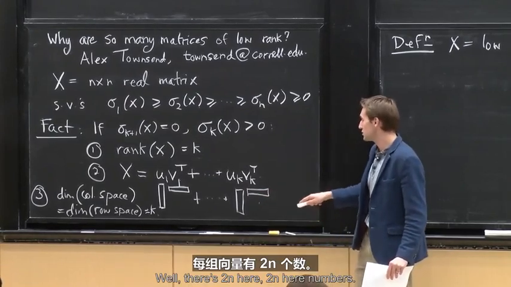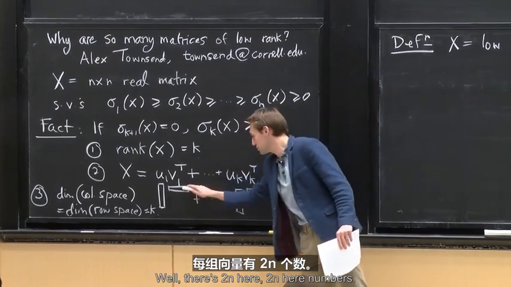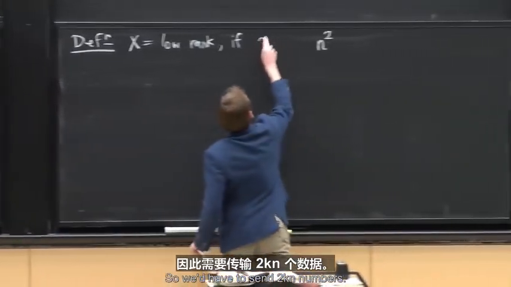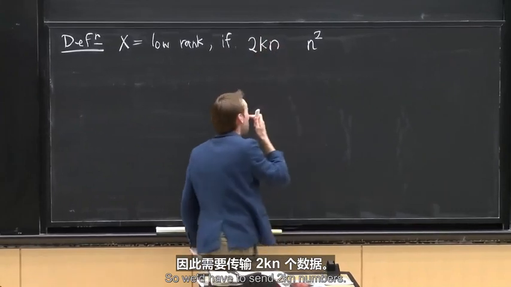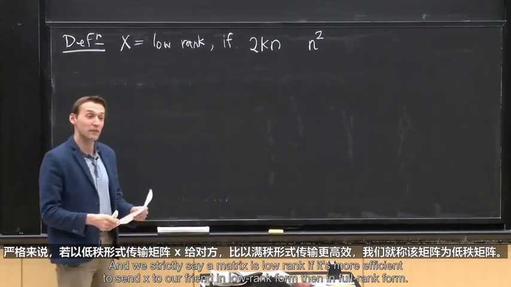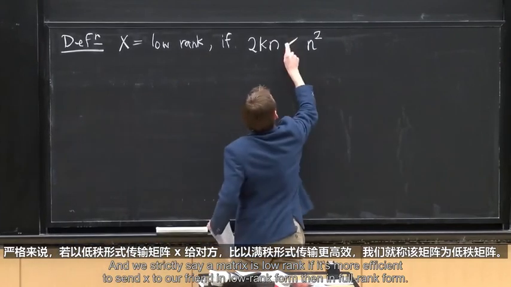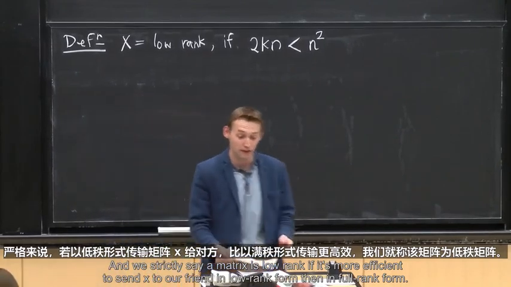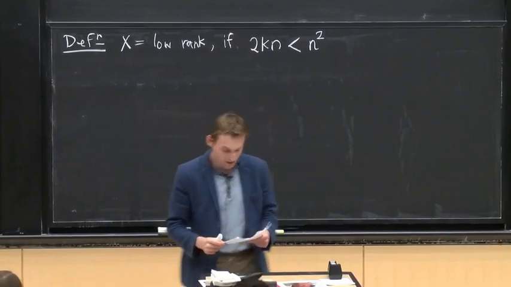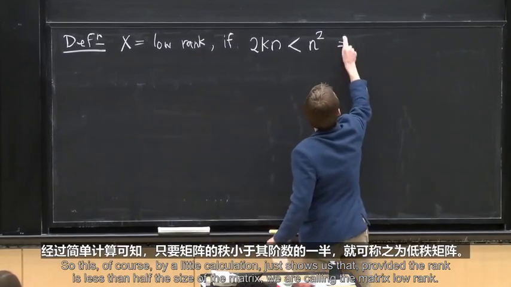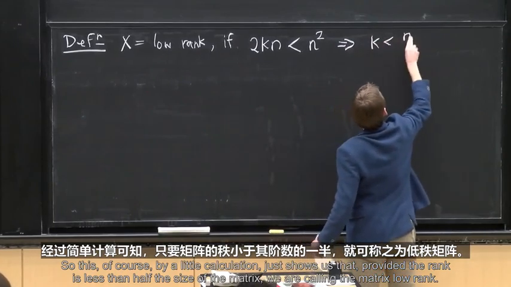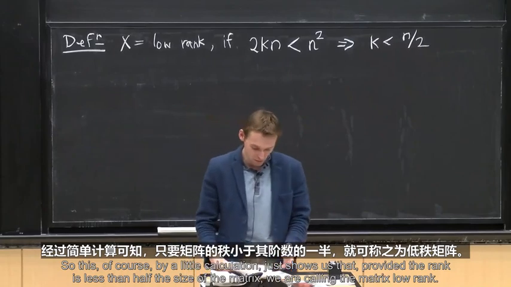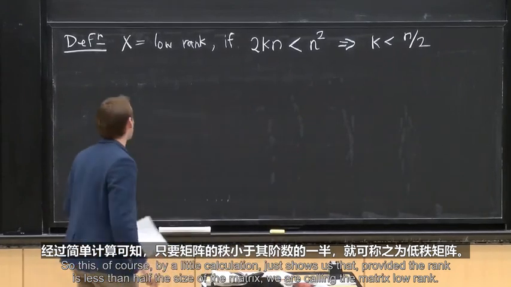Well, here there's 2n numbers, and there's k of them. So we'd have to send 2kn numbers. And we strictly say a matrix is low rank if it's more efficient to send X to our friend in low rank form than in full rank form. So this, by a little calculation, just shows us that provided the rank is less than half the size of the matrix, we are calling the matrix low rank.